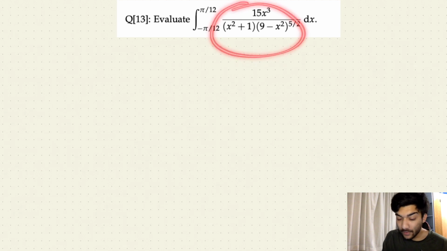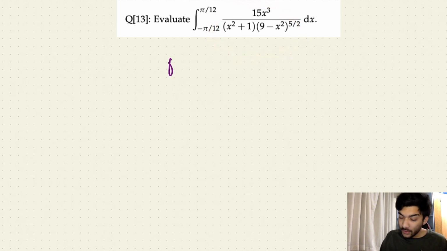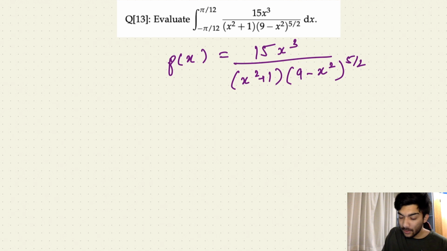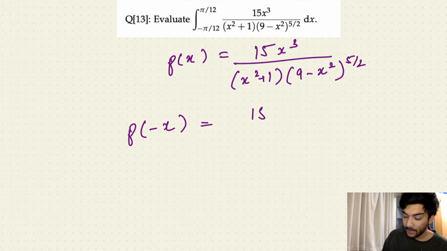So now let's first write our function. Our function in this integral is basically 15x cubed upon (x square plus 1) times (9 minus x square) to the power 5 by 2, right? In order to check for the odd and even function property, let's calculate f of minus x as well.